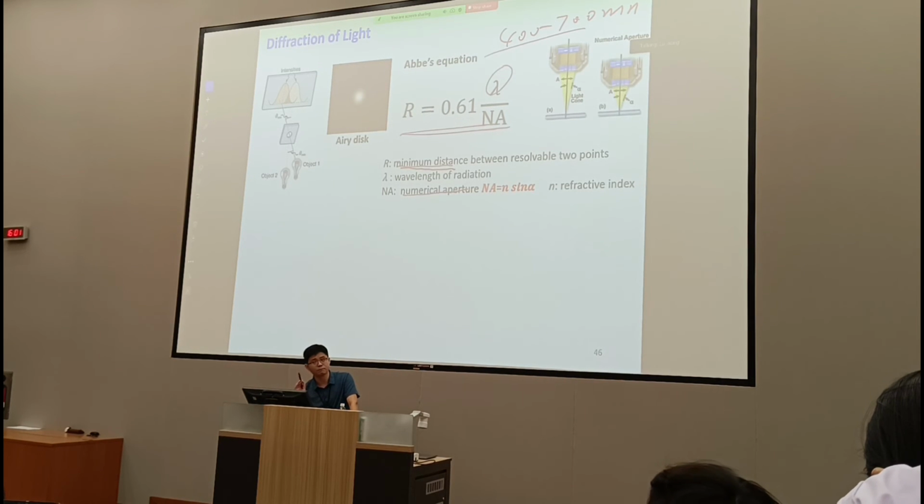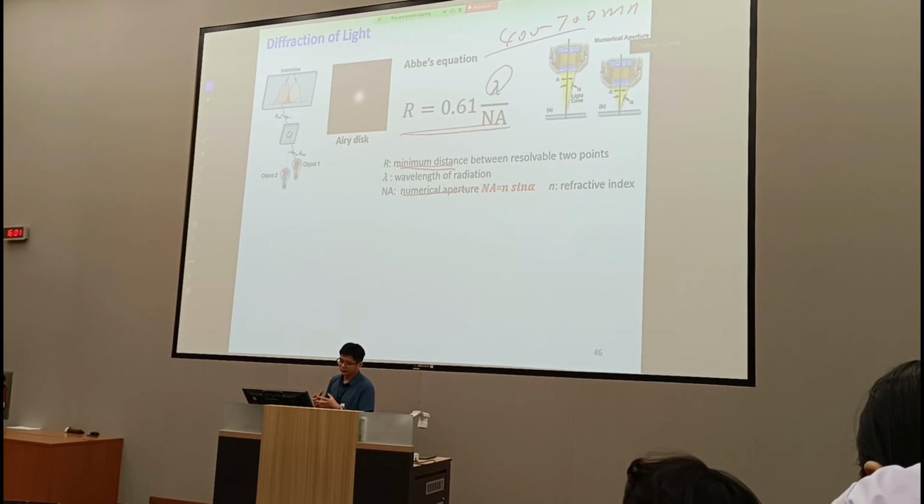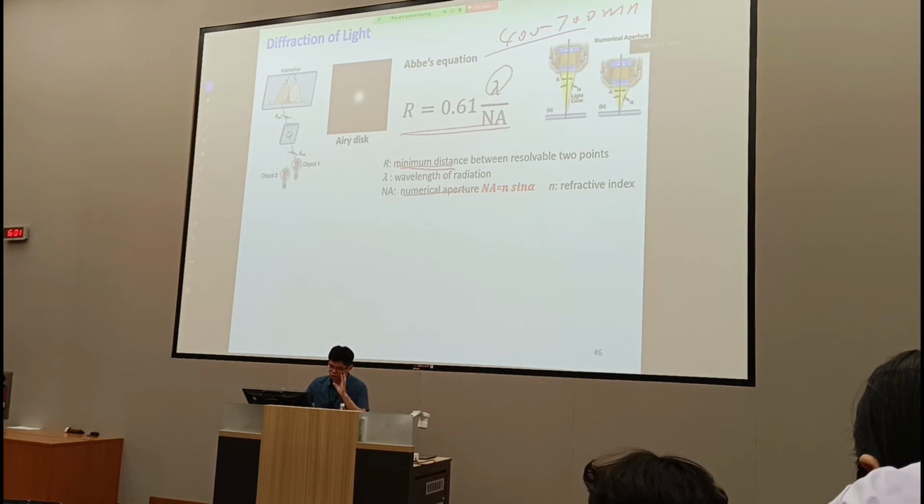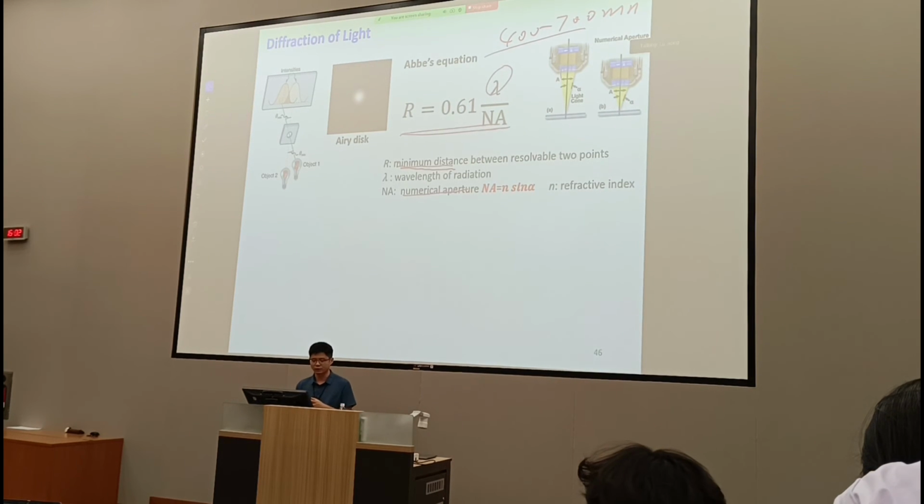For example, you use light as a source to image. Say you have a point source. It can diffract light. The light has to enter through an aperture, a small hole. When light, being a wave, penetrates through a hole, you get diffraction, even with a point source.